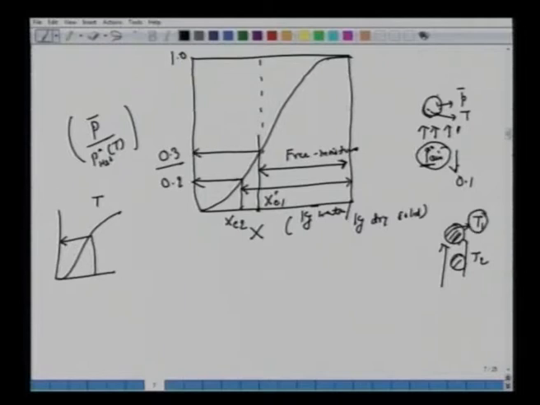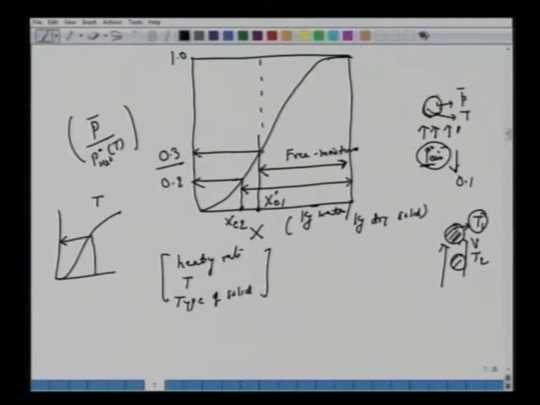In this case, the vapor pressure of moisture will be larger if the temperature is larger than T2. So in all these cases, moisture content will be different. Moisture content at equilibrium in general depends upon your heating rate. It will depend upon the temperature. It will also depend upon the type of solid. Okay, we will discuss this later.